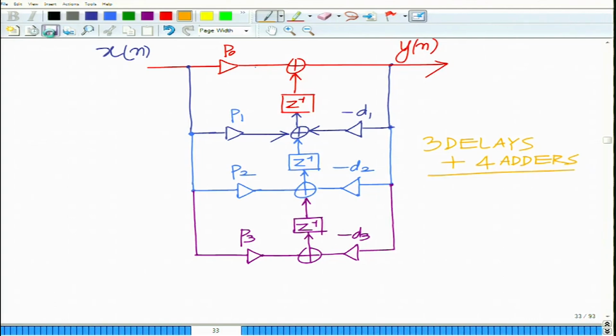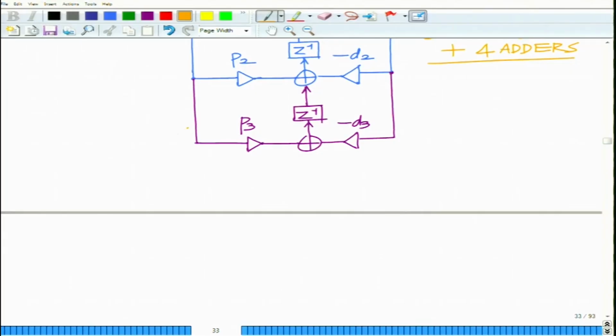So, the direct form 2 transpose has fewer number of delays, similar to what you saw in the direct form 2, correct. This is the transpose, and this has fewer, alright. So, in comparison to the direct form 1 transpose, this has fewer delays, that is from 6 the number of delays is reduced to 3. In addition, the number of adders has also significantly decreased from 6 to 4 adders. So, this is the minimal representation in terms of the number of delays plus the number of adders.